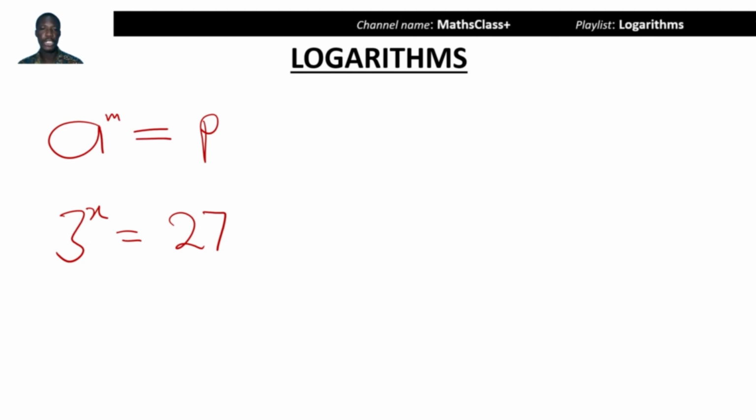So that is the relationship. If you have an exponential equation, we will convert it to a logarithmic equation and vice versa. So let's see how we convert from exponential equation to logarithms.